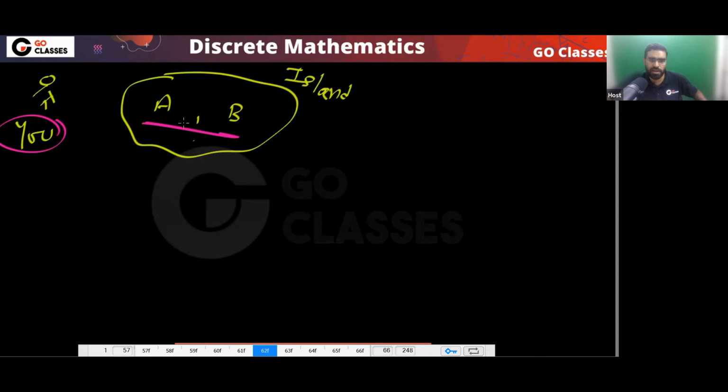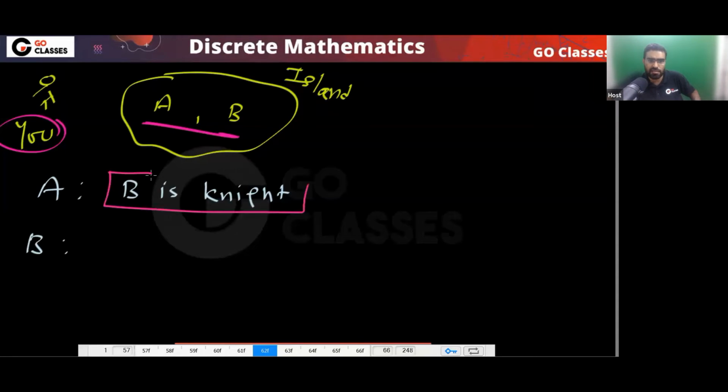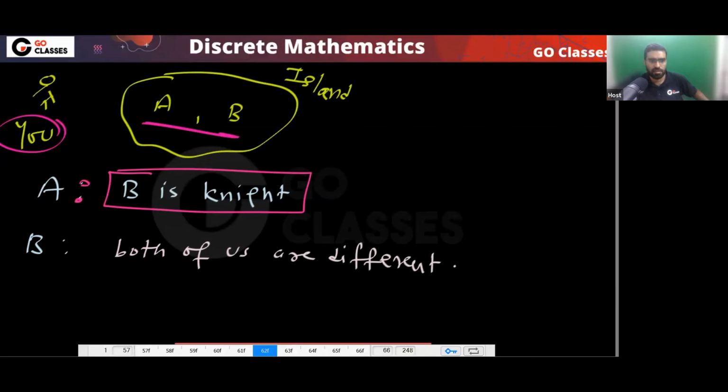So this is what you have to find. A is saying that B is knight, and B is saying that both of us are different. Both of us are different means A, B are different. Now you need to find which of them is knight, which of them is knave.